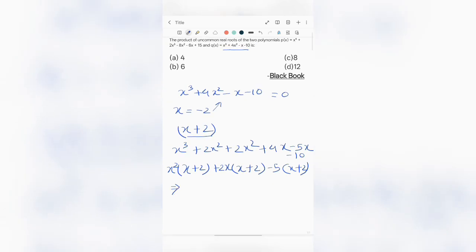So the final result is x square plus 2x minus 5 times x plus 2 equals 0.